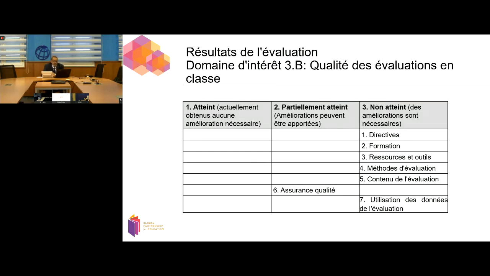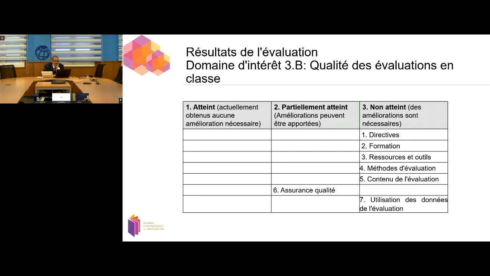For the very last slide, dealing with the objective assessment, we are talking about the quality of class-level assessment. So these are large-scale assessments, assessment of national exams, and assessment in the classroom.